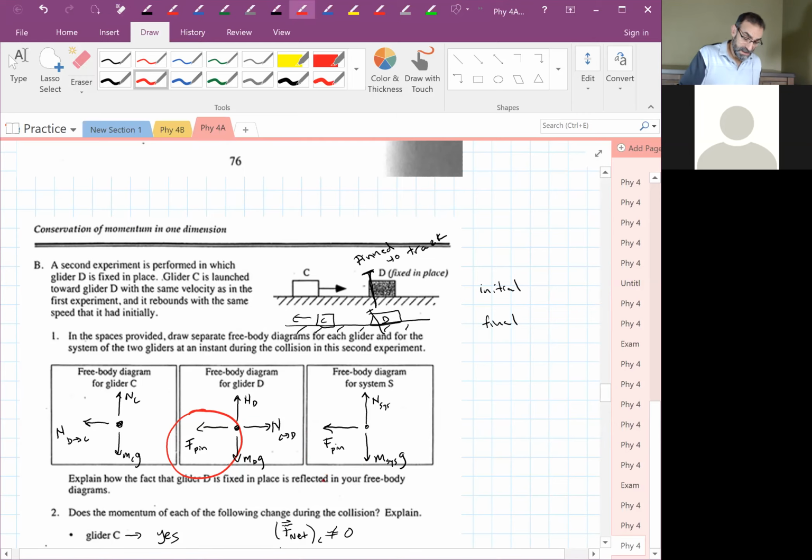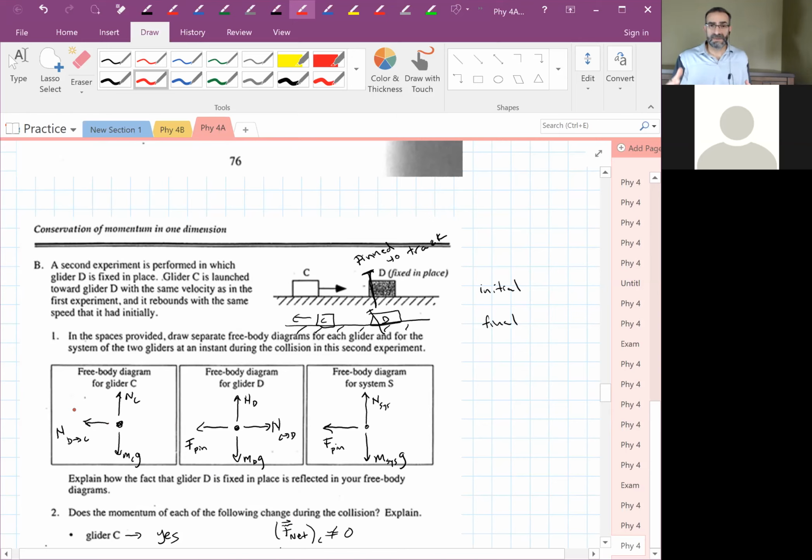For D, while C and D are interacting, D doesn't move. So we know this force and this force are equal and opposite, but D is held in place. So that means there's some outside force pushing on D, keeping it from moving. D doesn't move, right?